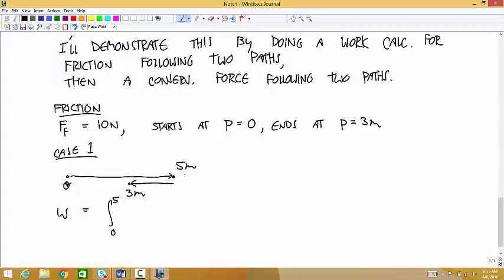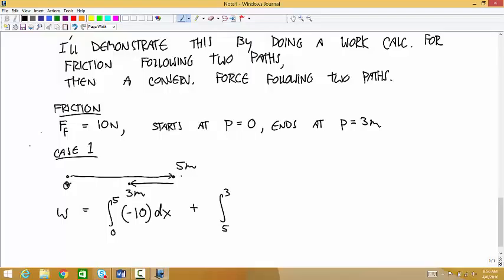It's the x component, and if the object's moving to the right, which direction does the friction force act? To the left. So this is going to be a magnitude of 10 newtons, so negative 10, integrated over x from 0 to 5. And then we're going to have a second path from 5 to 3. What's the direction of the parallel part of the friction for this part of the path?